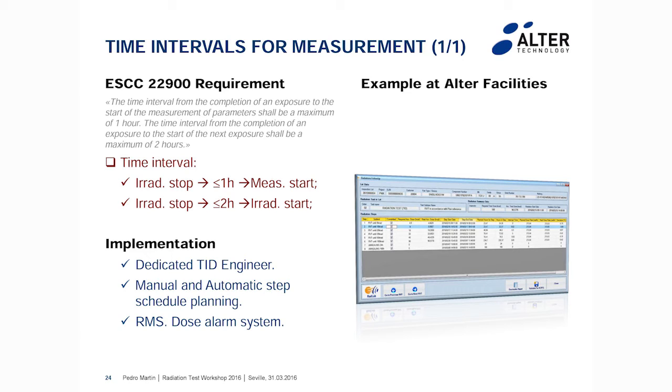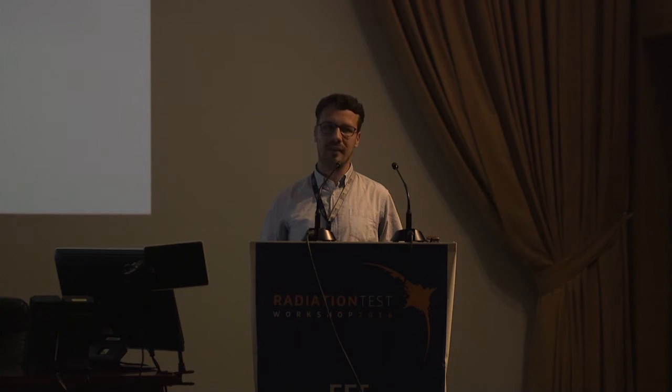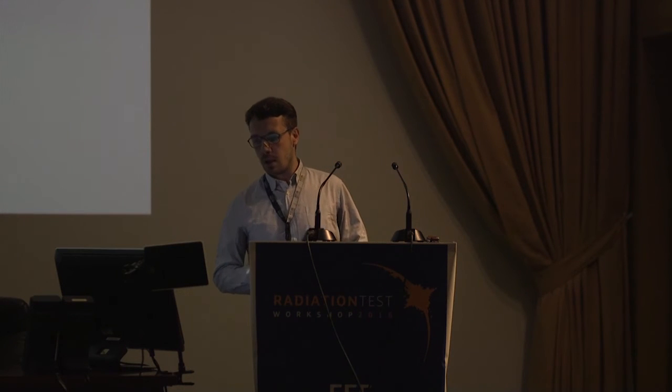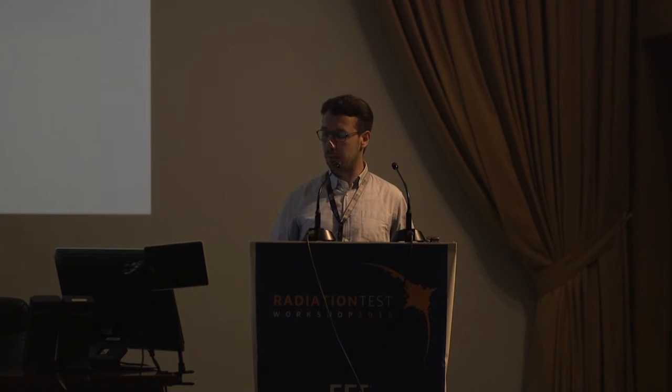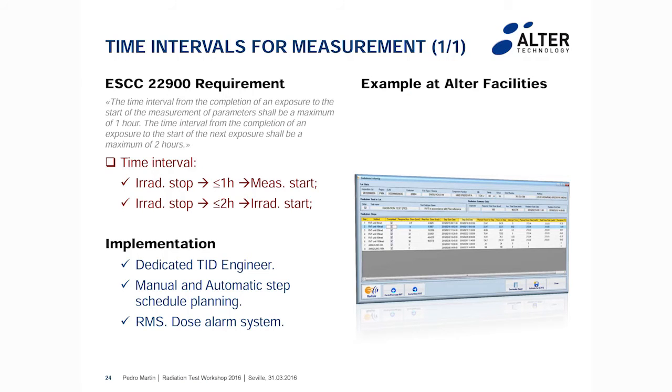For that, the test method specifies that you have to start the electrical measurement not later than 1 hour from when you move the radiation samples from the irradiation room. In our case, it's easy to comply, and we normally start the measurement only 5 minutes after the radiation stops.